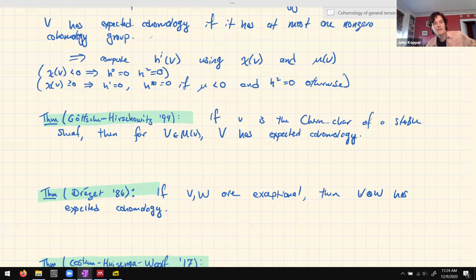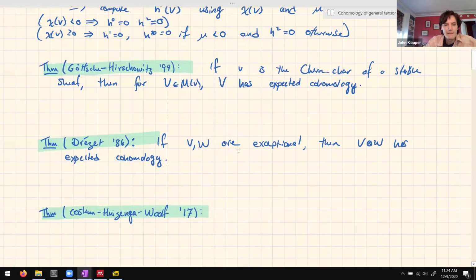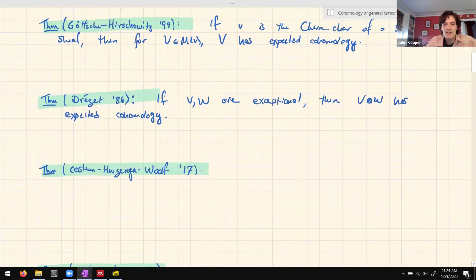Okay, and so these two theorems at least tell us that we can hope that tensor products of general bundles have the expected cohomology, but they don't tell us that they do. The next theorem in this direction is one from a paper I'll mention a couple of times today, where my two co-authors, Izzet and Jack, as well as Matthew Wolf, actually constructed some vector bundles that had the expected cohomology in the case that the Euler characteristic of the tensor product is 0.